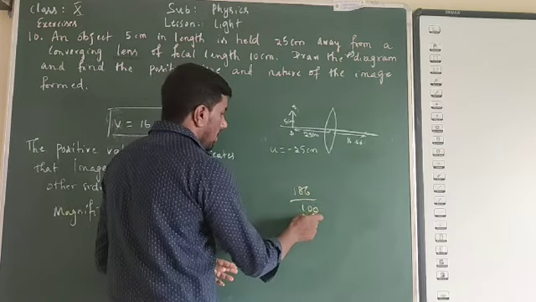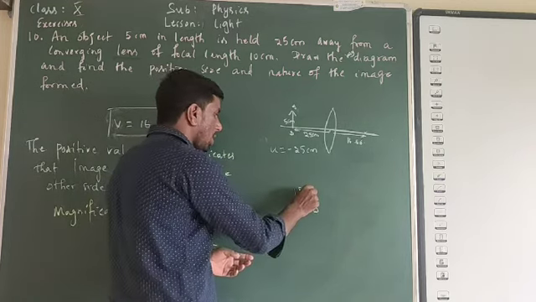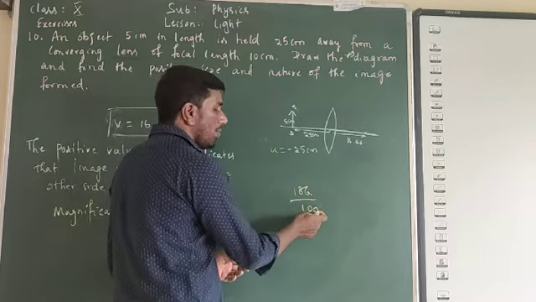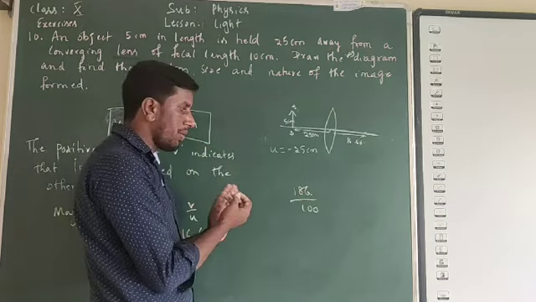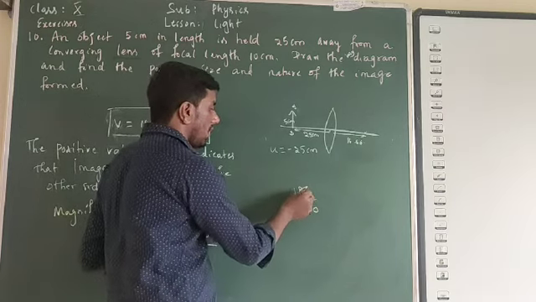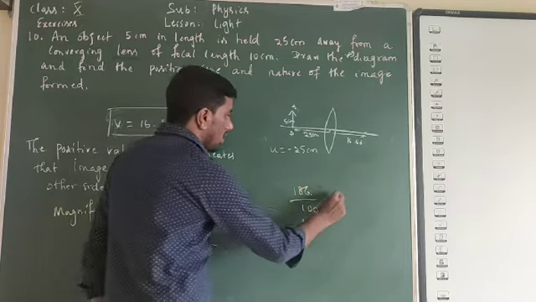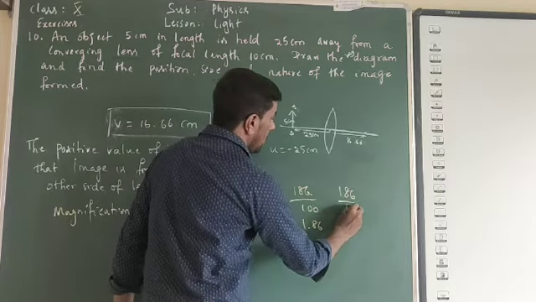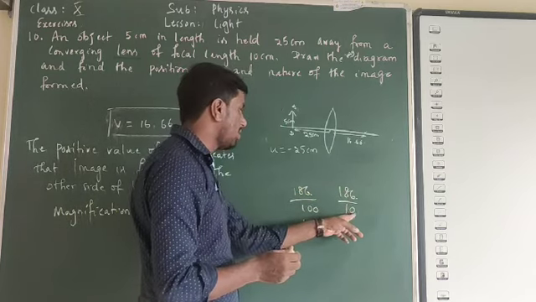By default, I have the decimal point at the last. So dividing by 100, how many zeros? 2 zeros. So bring the decimal point to the left side by that many digits. So 1, 2, this is 1.86. Similarly, if the number is divisible by 10, then again the decimal point will be at the last. How many zeros do we have? 1 zero.